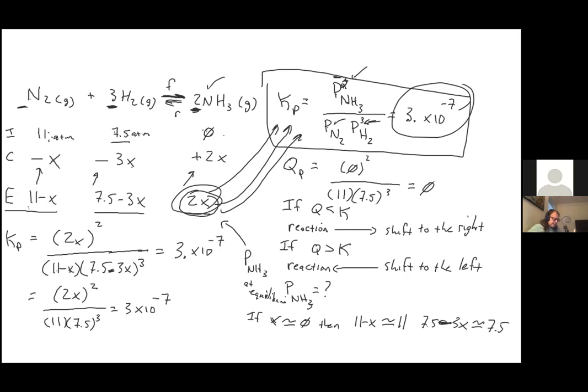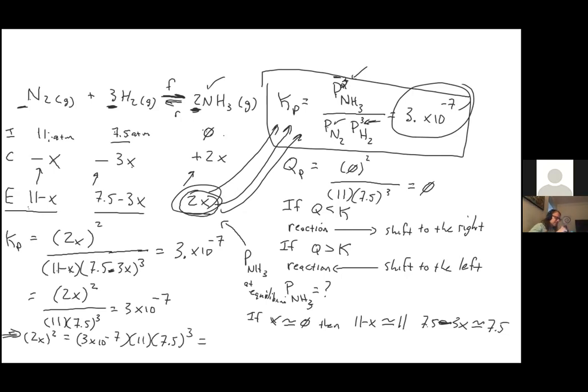Okay, so now I can just say, look, I'll put a little arrow here. 2x squared would be equal to 3 times 10 to the minus 7 times 11 times 7.5 cubed. So you can do that arithmetic, right?